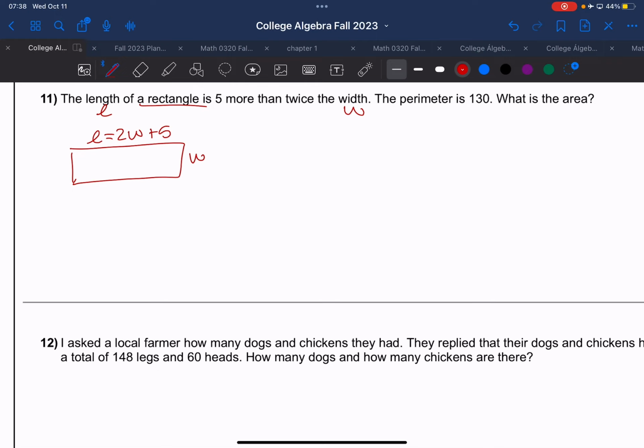Then it says the perimeter is 130. How do we find the perimeter of a rectangle? You add all the sides.